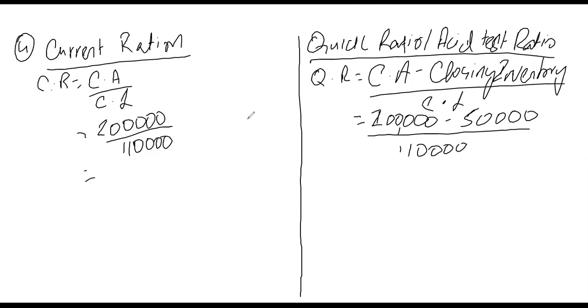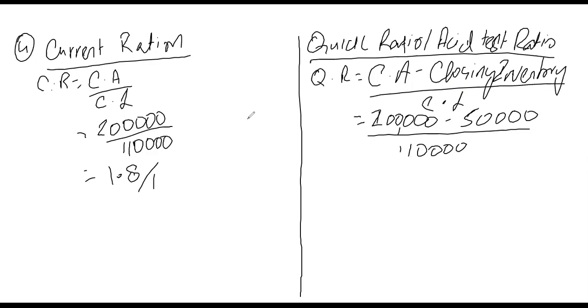So the answer that I'll be getting is 2 divided by 1.1, an answer of 1.8 ratio 1. Wow.